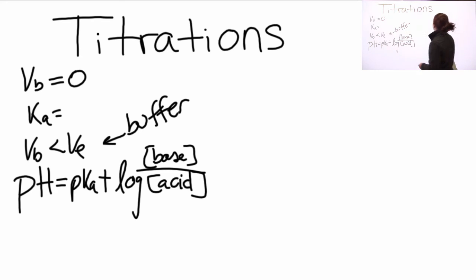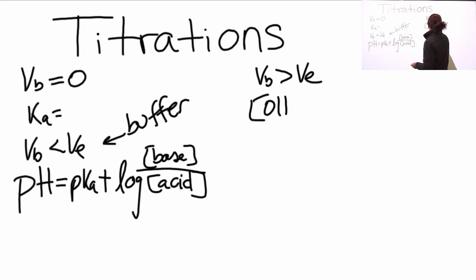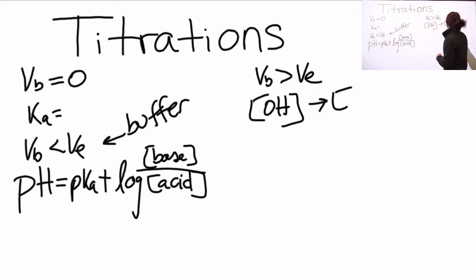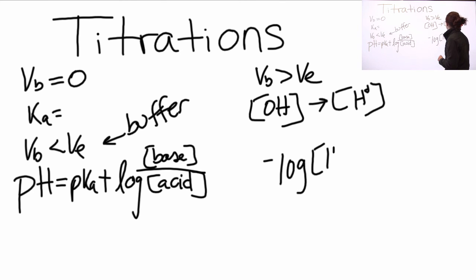But again, when you're past your equivalence, so you have more base than you need, it's really simple. Again, you just calculate your concentration of OH the same way that we did previously for a strong acid, and then convert that to your proton concentration, and then take the negative log of your proton concentration to get pH.